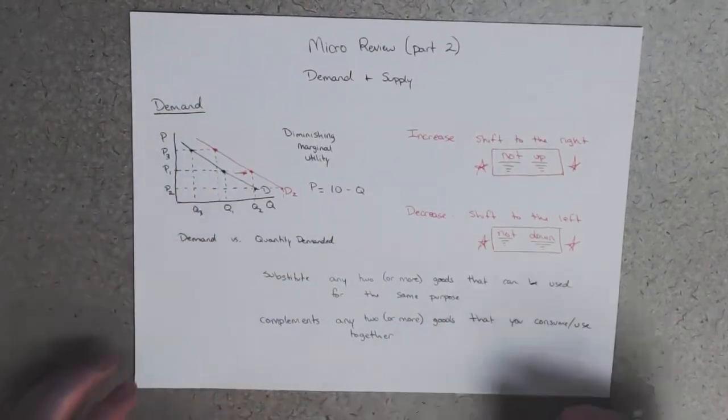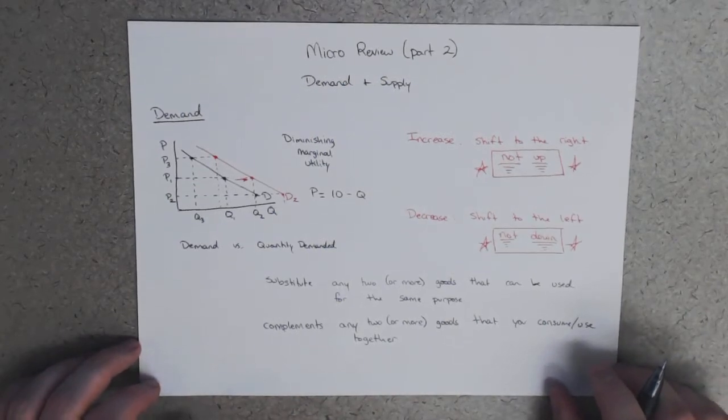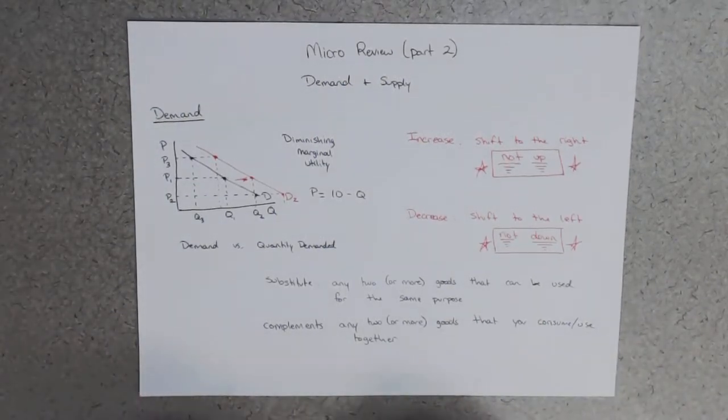So what are some examples of this? Well, hot dogs and hot dog buns. If the price of hot dogs rises, do you want to buy more or fewer hot dog buns? The answer is fewer.